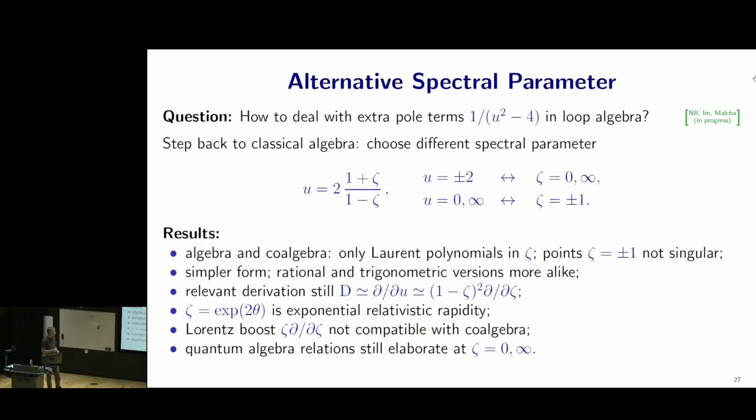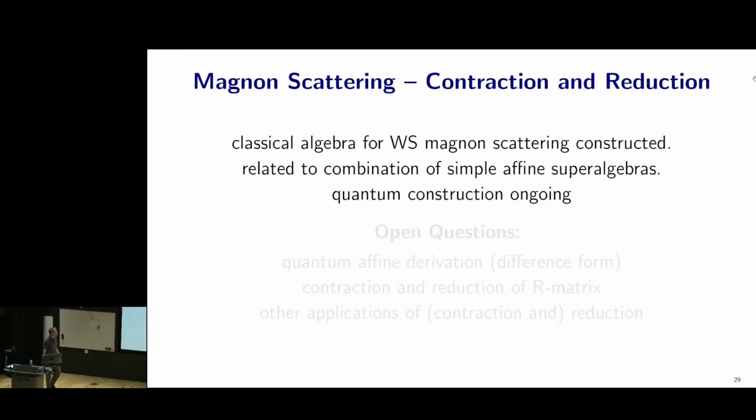So I think I have to stop at this point with just this one conclusion slide. I've discussed classical algebra for the worldsheet Magnon scattering, and we've constructed basically the full classical picture for it. We've related it to combinations of simple affine superalgebras, and this is nice because for simple affine superalgebras, all the construction techniques can be applied in a more or less straightforward fashion.